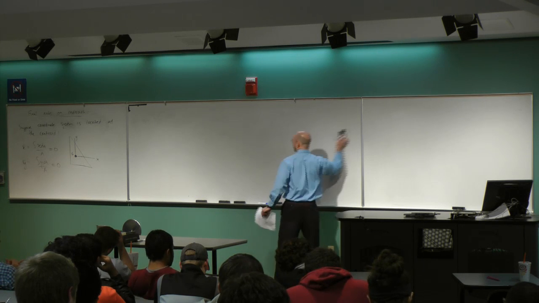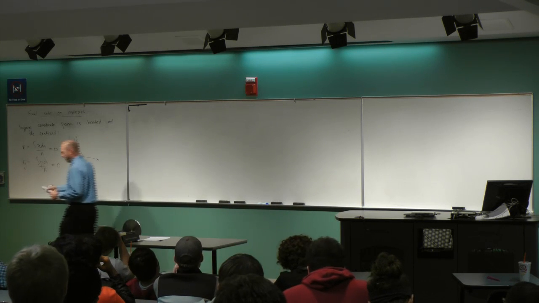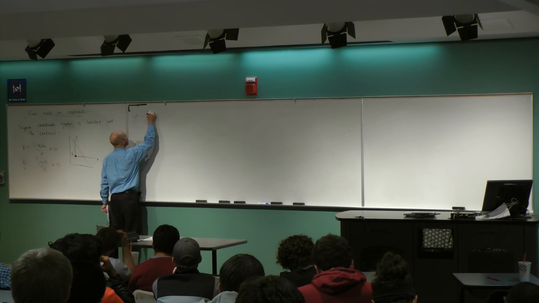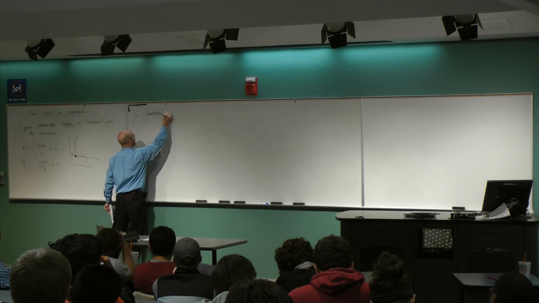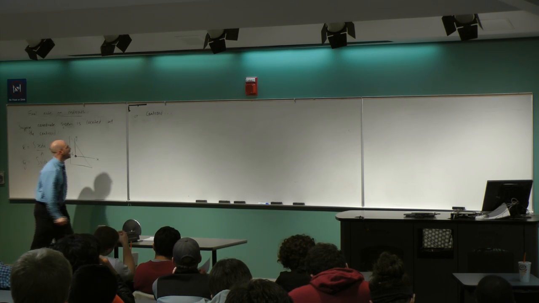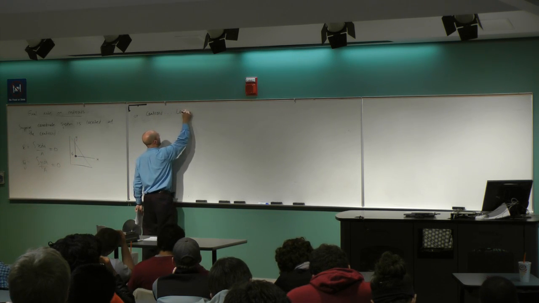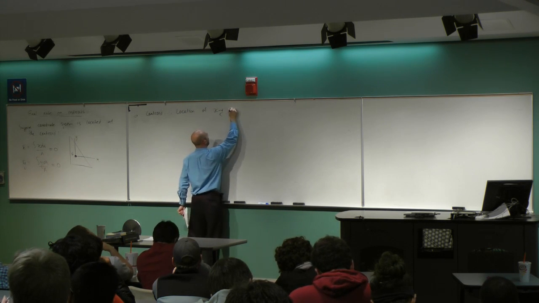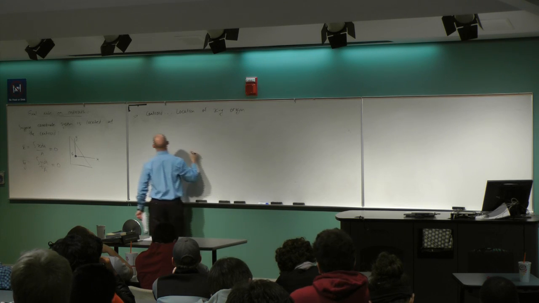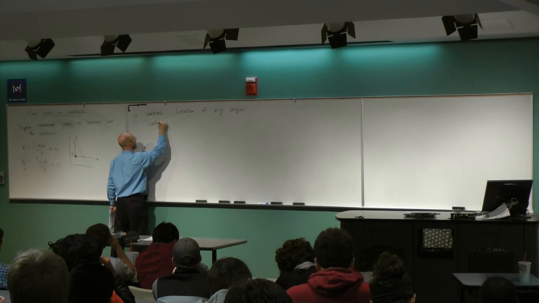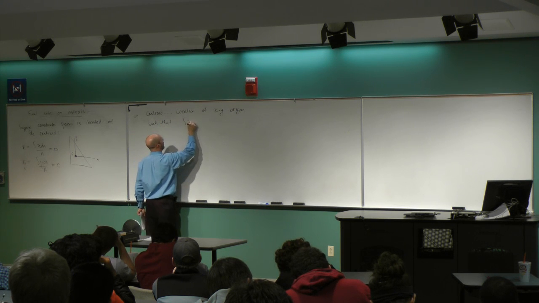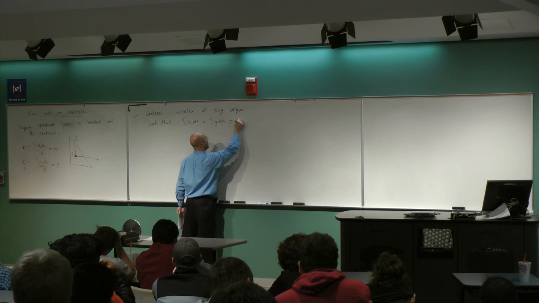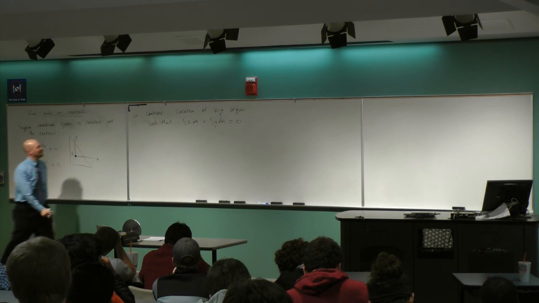So another way to think about what a centroid is, which is pretty much physical, is that the centroid, another definition of it, would be essentially the location of the xy origin such that the integral of x dA and the integral of y dA are both equal to 0. That's the statement.